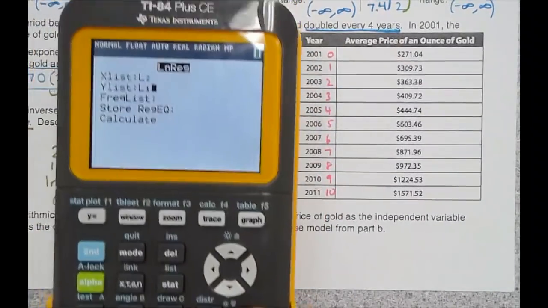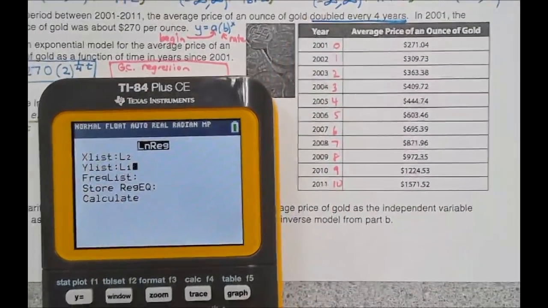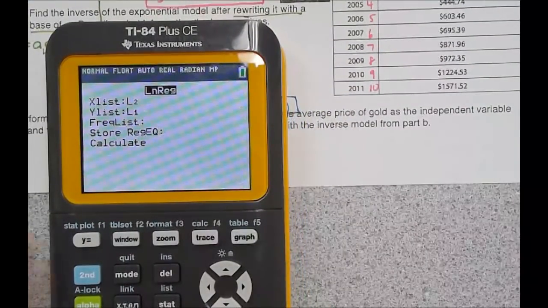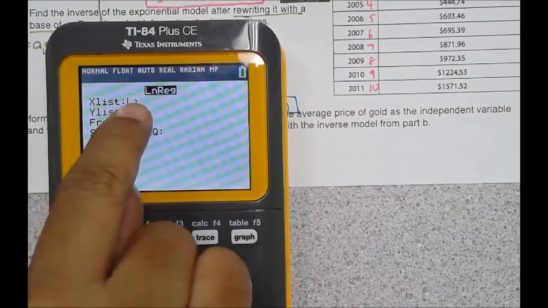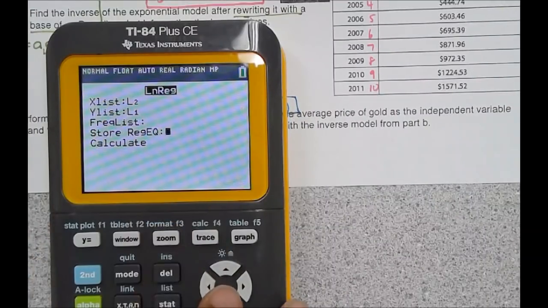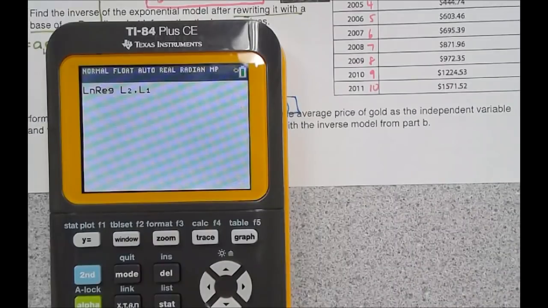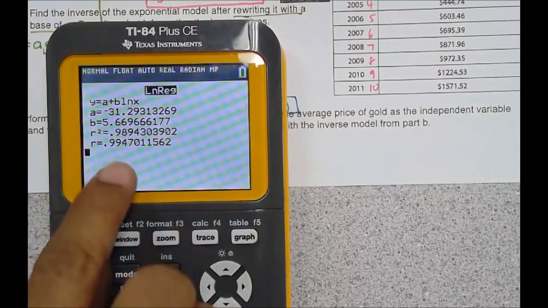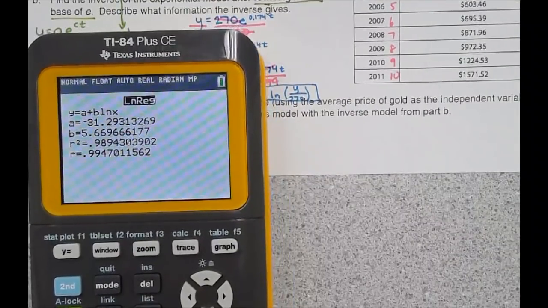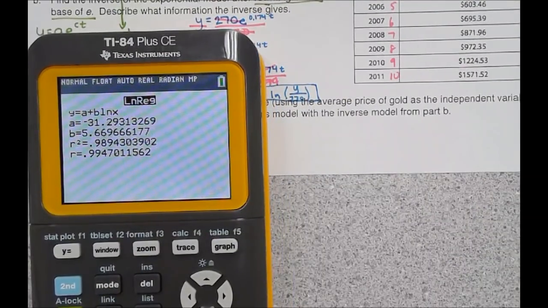And now notice that my actual equation here is now going to be found by using my X values from list 2 and my Y values from the list 1. So go ahead and go down to calculate. And here we have our logarithmic regression. So we're going to plug in those values.